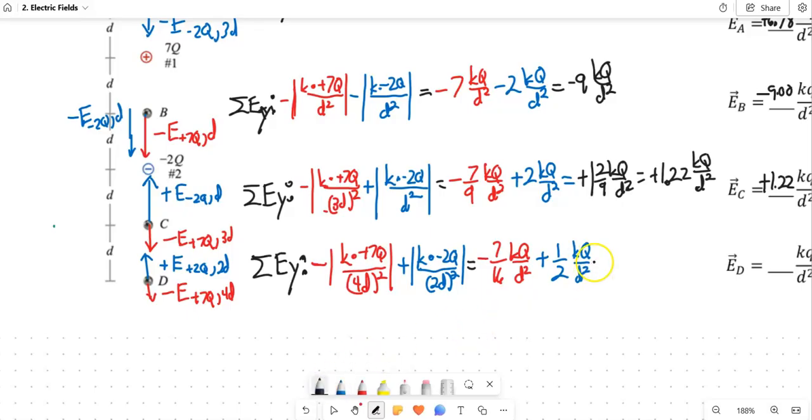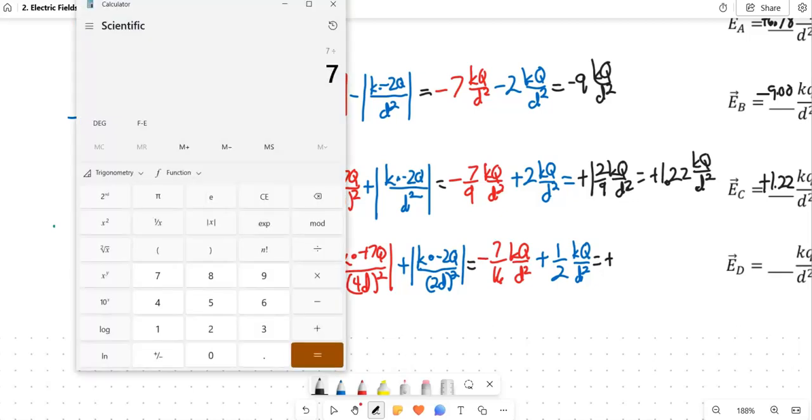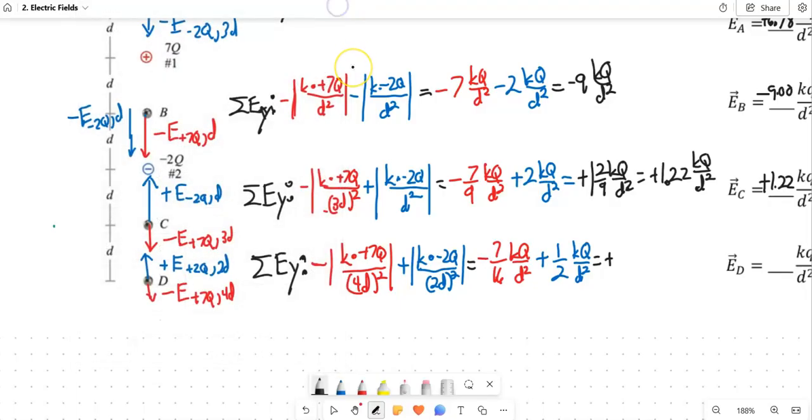So this is going to work out to be plus. So 7/16, 7 divided by 16 equals, we're going to make that negative, plus 0.5. So 0.06, I'm going to round, 0.06 kQ over D squared. So this is positive 0.06.